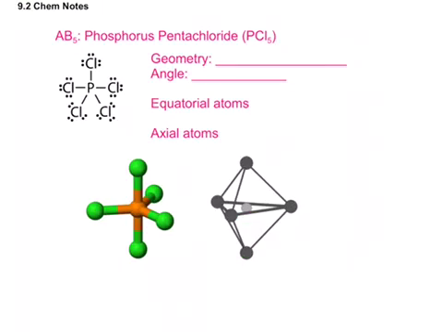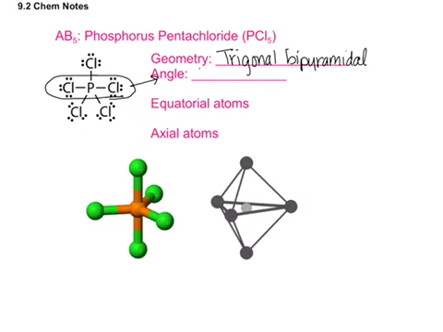Our next geometry is when we have the general form AB5, or 5 atoms bonded to that central atom, and we call this trigonal bipyramidal. So the bond angle for these 3 atoms right here is going to be 120 degrees.